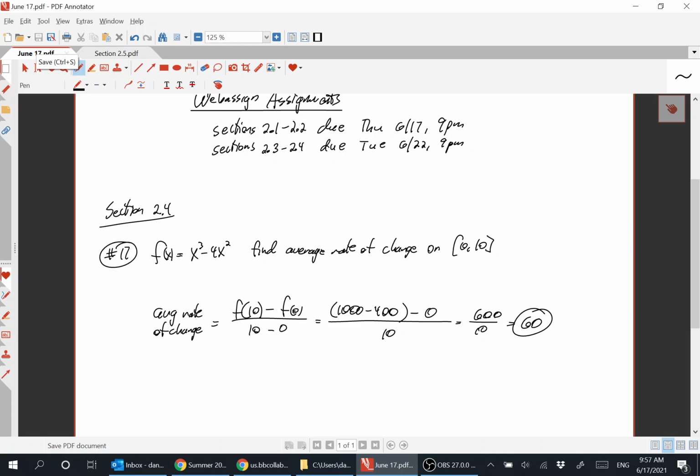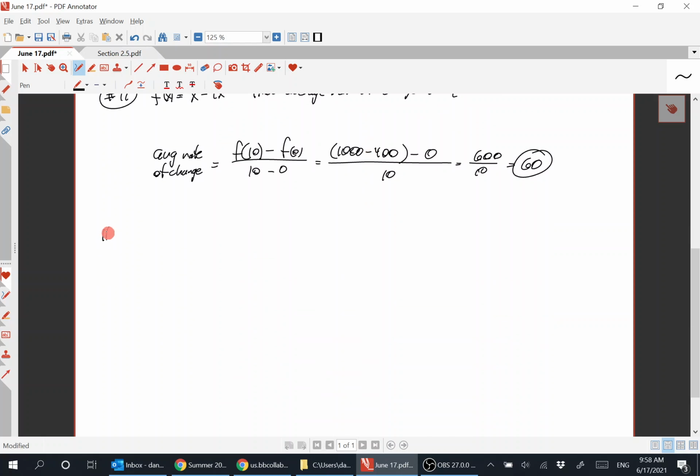You've got a function, you've got an interval for t, and they're asking for the average rate of change. Do watch out for sign errors, mixing up your positives and your negatives. So in number 18, one of the values on the interval is t equals -2 to t equals 2. So here f of t is equal to t to the fourth minus t to the third plus t squared.